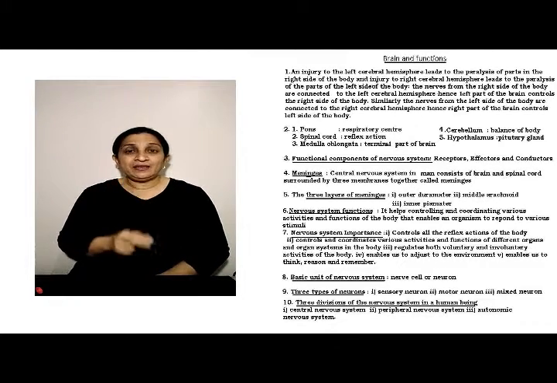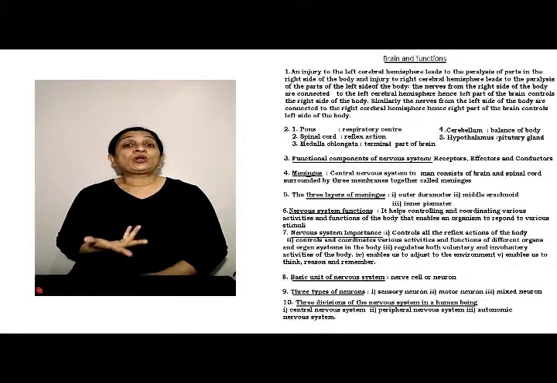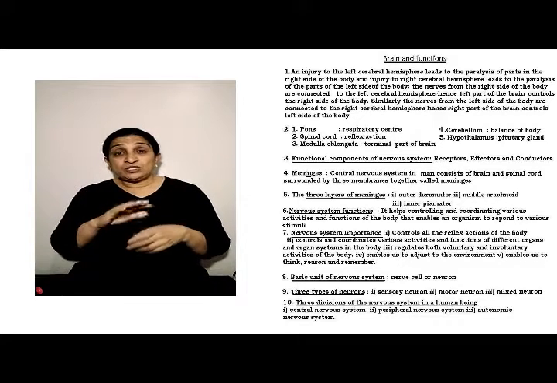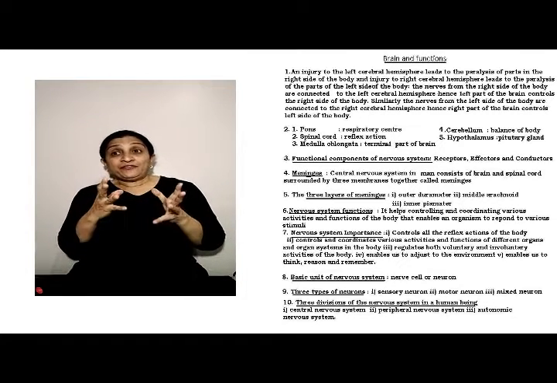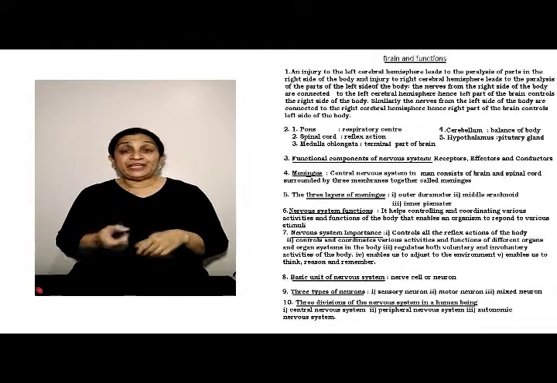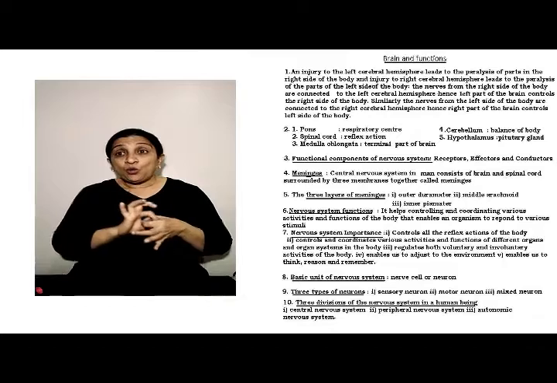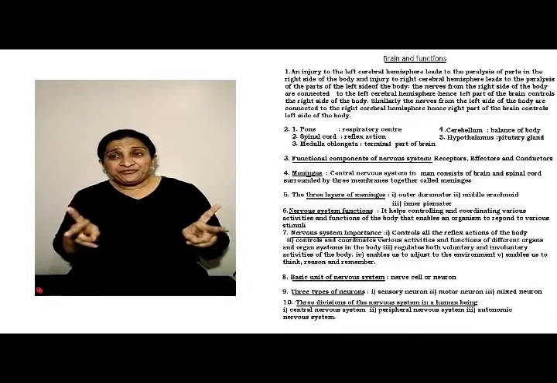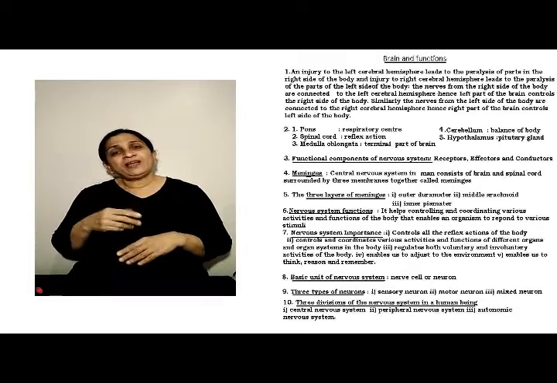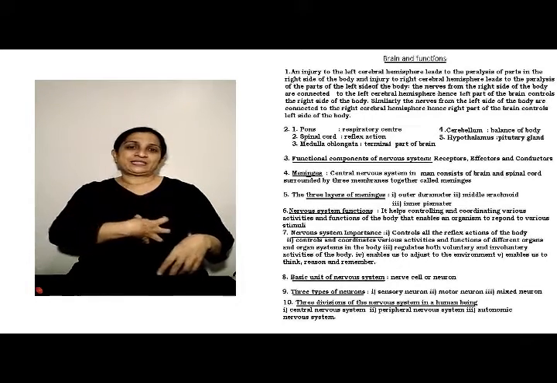Number 7, the nervous system importance. What are the important uses? It controls all the reflex actions of the body. Then it controls and coordinates different activities and different functions of different organs.